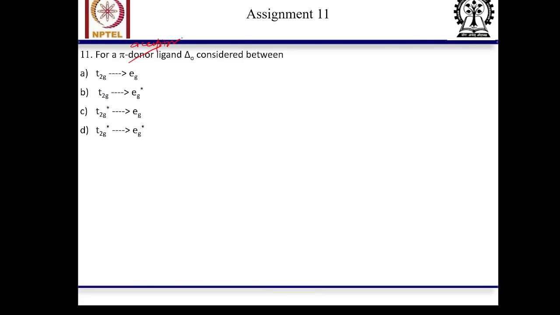Next question: you have to write pi acceptor. For a pi acceptor ligand, delta 0 is considered between? Can anyone tell what is the answer? t2g to eg, t2g to eg star, t2g star to eg, or t2g star to eg star.